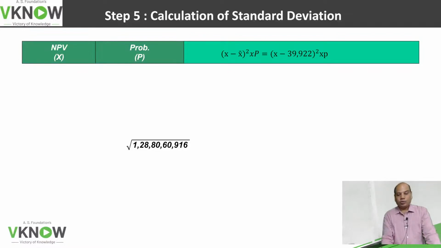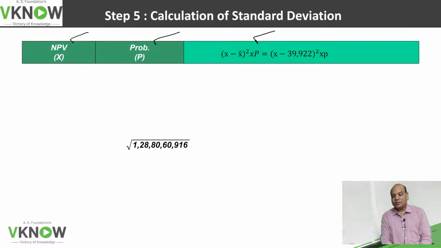You are given a probability distribution table. You have to find standard deviation. Three columns we will draw. First column NPV, second column probability, third column x minus x bar square into probability.